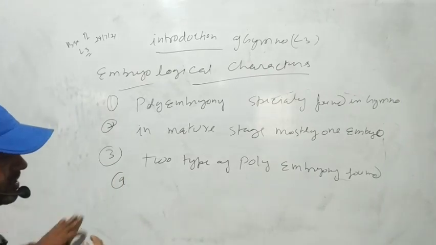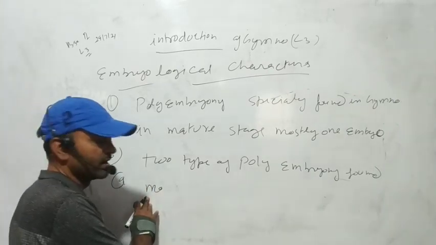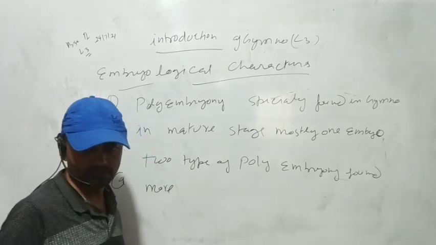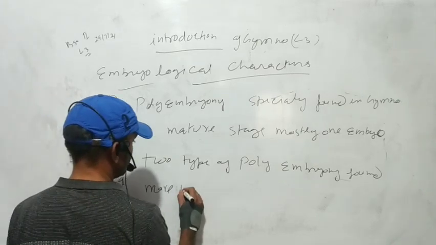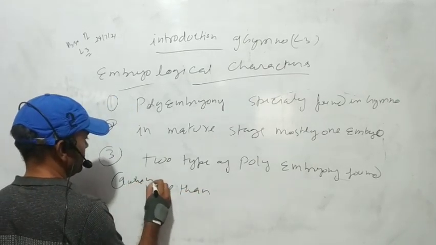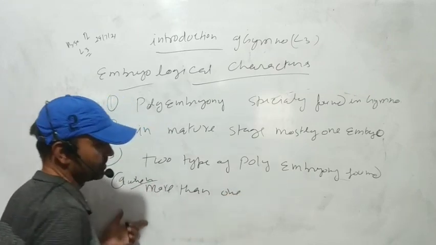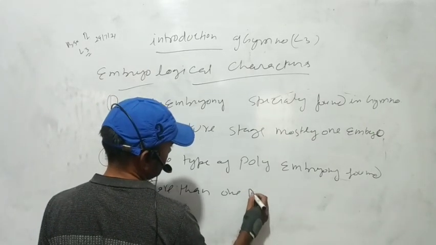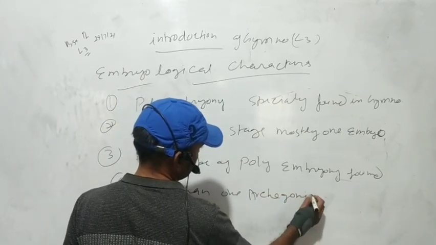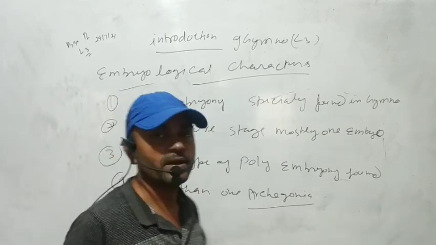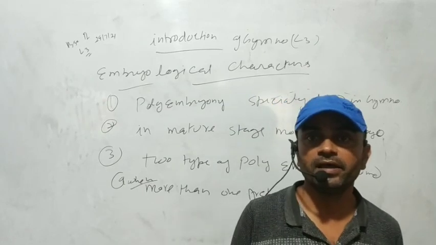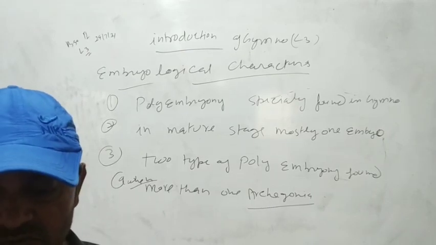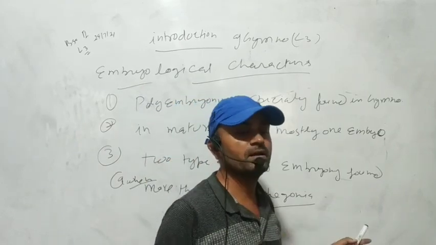The first way is, this is important for all, read very carefully, when more than one archegonia are fertilized. Archegonia is a female organ in which the egg is found. So archegonia means the female nucleus.